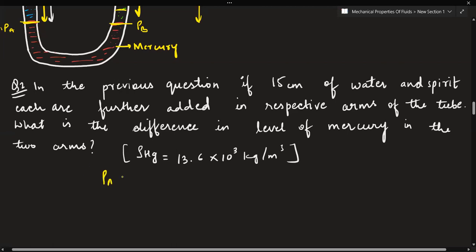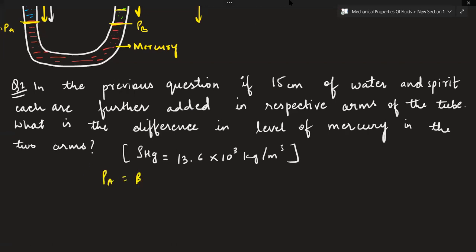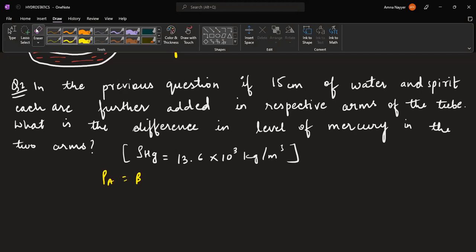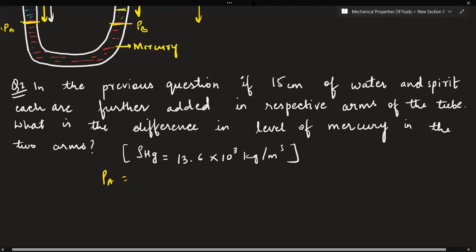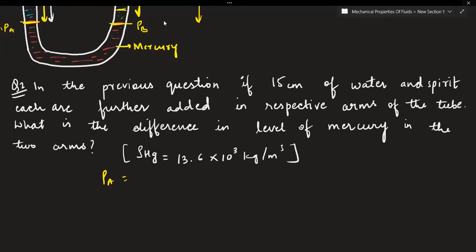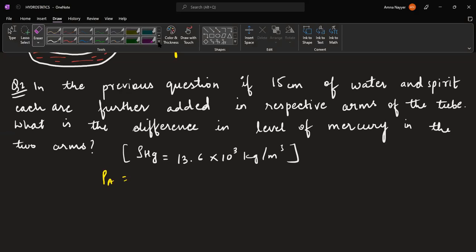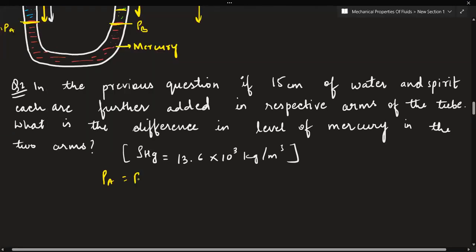Now see, PA and PB are at the same level. These 2 points, PA and PB, are at the same level. Now mercury has risen up because of addition of water column on the side also. So I'm not drawing that.